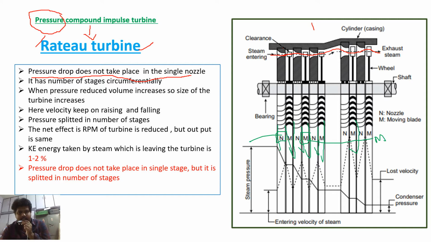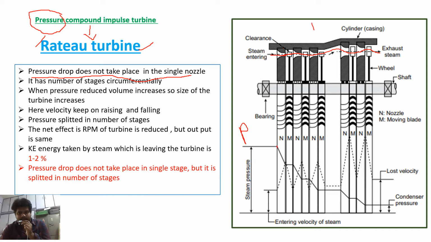Now let us discuss how pressure and velocity vary in the Rateau turbine. This dotted line shows the velocity variation, and this continuous line shows the pressure variation. First of all, let us discuss how pressure varies.